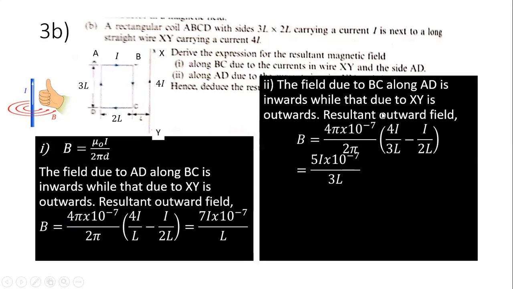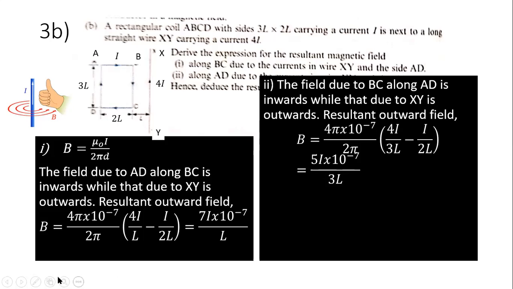Remember, it's coming out, that's why it's positive. The distance is 2L plus L, which is 3L. The current is 4I. And between these two, the distance is 2L, the current is I. And the rest is just putting in the values and calculating.